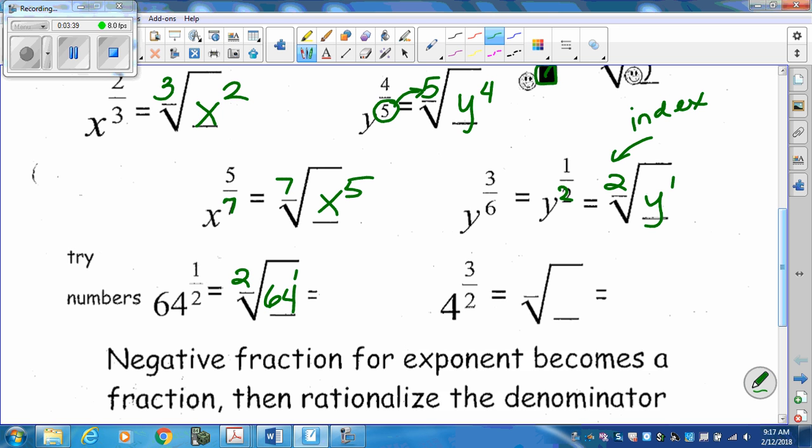And then the square root of 64 is 8. So now I have 4 to the 3/2 power. Again, 2 is the root, so that stays on the outside. And 4 is the radicand, that's my number, and that's to the 3rd power.